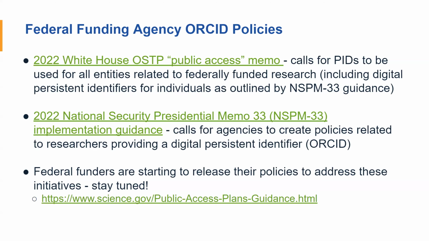And then the National Security Presidential Memo 33, or NSPM 33, focuses specifically on researchers having a digital persistent identifier that meets certain criteria, and ORCID is the only PID for researchers that meets the criteria. So basically right now we're waiting for these agencies to come out with their ORCID-related policies, and you can follow some of them at this Public Access Plans and Guidance website.